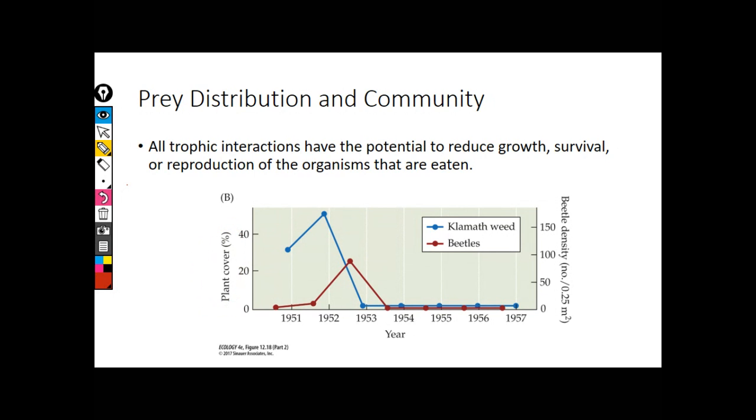Let me actually match the colors here. That's going to match with our plants dependent variable. On the right side, we have beetle density. It's going to match with our animal dependent variable.